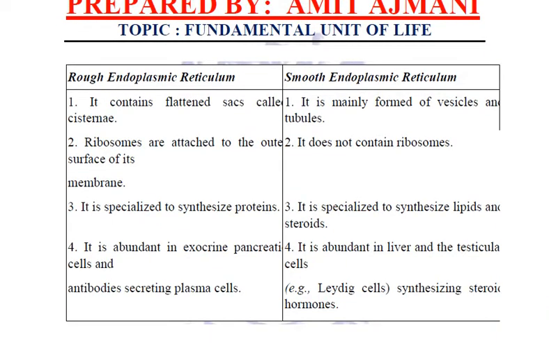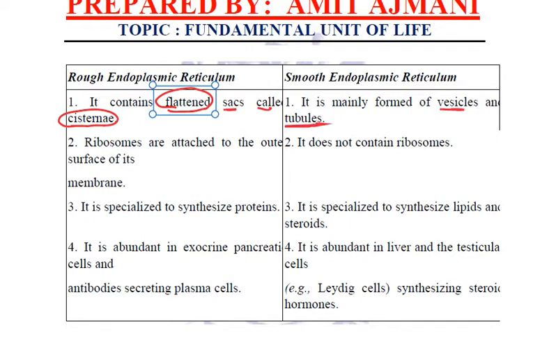Let us try to relate the differences between the two, rough endoplasmic reticulum and smooth endoplasmic reticulum. Talking about the differences first, the rough endoplasmic reticulum contains flattened sacs called cisternae. But the smooth endoplasmic reticulum is formed of vesicles and tubules.